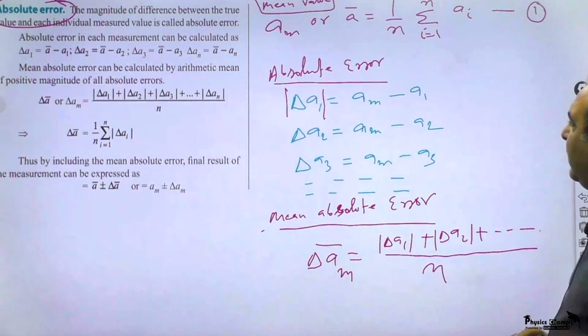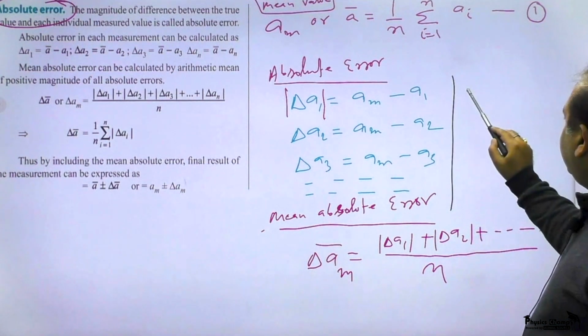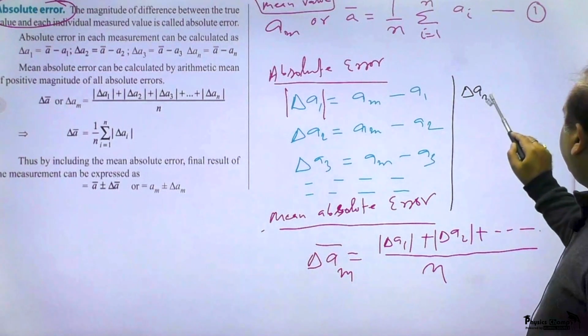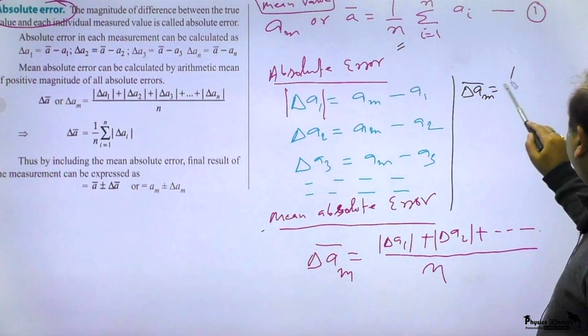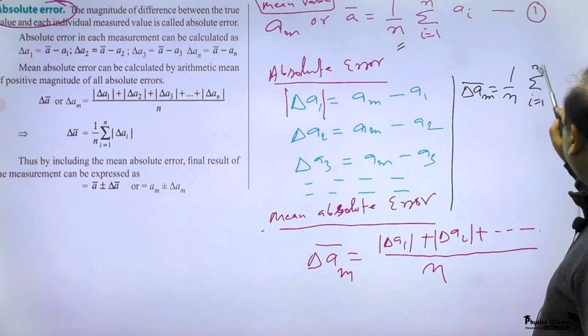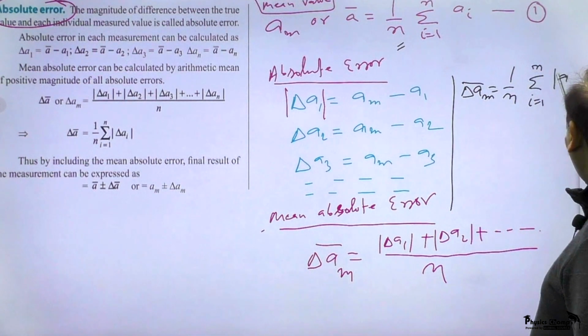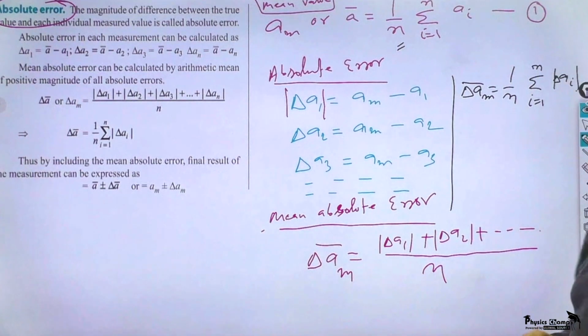So here we can say that the mean absolute error is delta A bar, in the same pattern, 1 by n sigma i equals 1 to n of absolute delta Ai, the sum of the error in each individual reading.